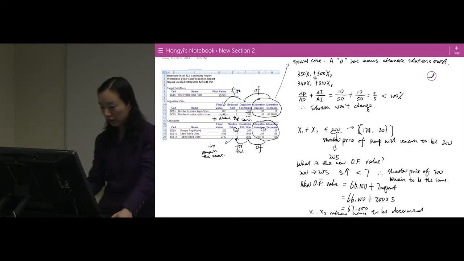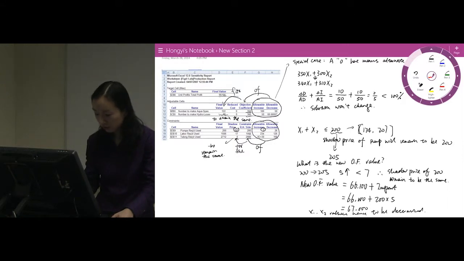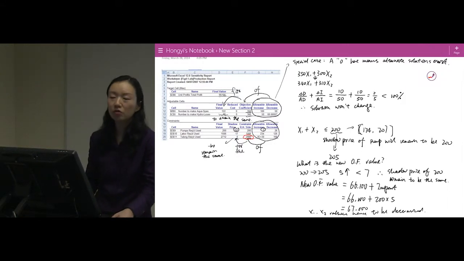Now maybe I'll ask you another question. What's the new objective function value if we get more tubing? Currently we have 2,880 units of tubing. What's the objective function value if we get 2,881?